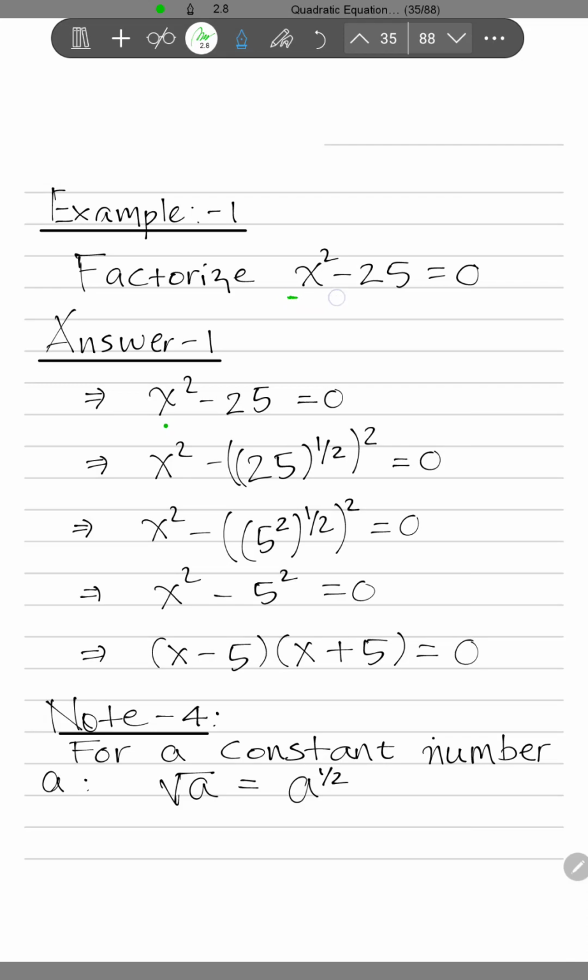Let's do the same for this one. x squared minus 25 is equal to 0. x squared minus the square root of 25, whole squared, is equal to 0. Here, one half times 2 is equal to 1.